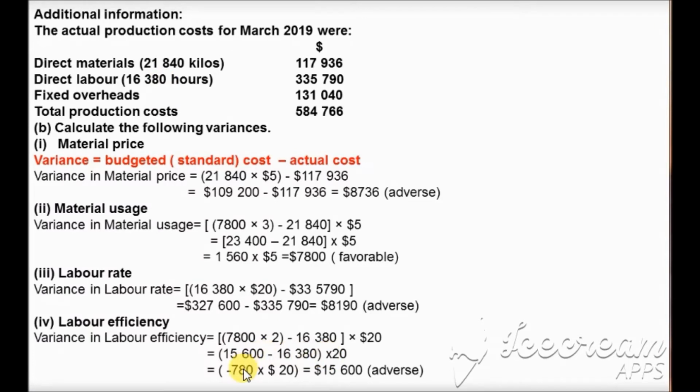So when we subtract this, we will get a negative 780 hours, and we will multiply this with the labor rate, which was $20 per hour. We will get the value as negative $15,600, and this is an adverse labor efficiency variance, which means that laborers were less efficient, hence required more labor hours to complete the work, and this will have a negative effect on the profit, and hence it is an adverse variance.